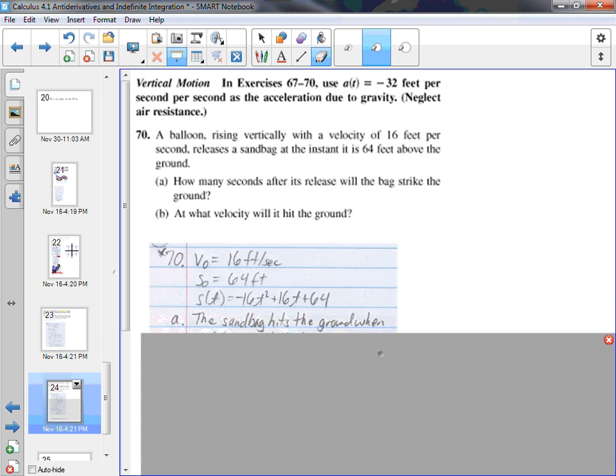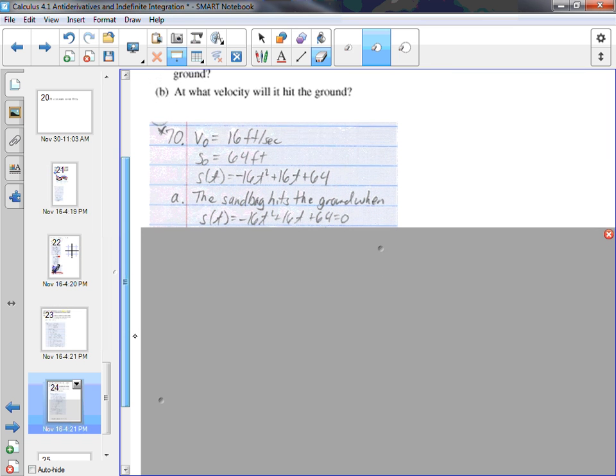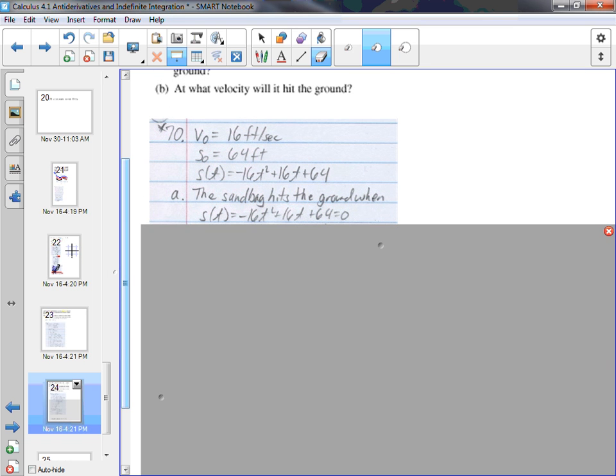So the sandbag hits the ground when the position, s of t equals negative 16t squared plus 16t plus 64 equals 0. And the reason that's the correct equation to use is because when it hits the ground, it's 0 feet off the ground. Its position is 0.